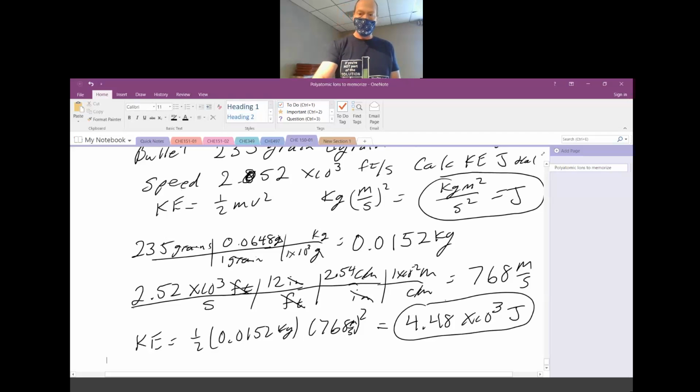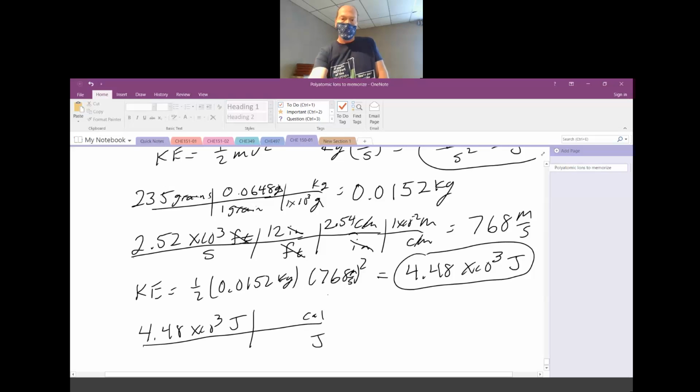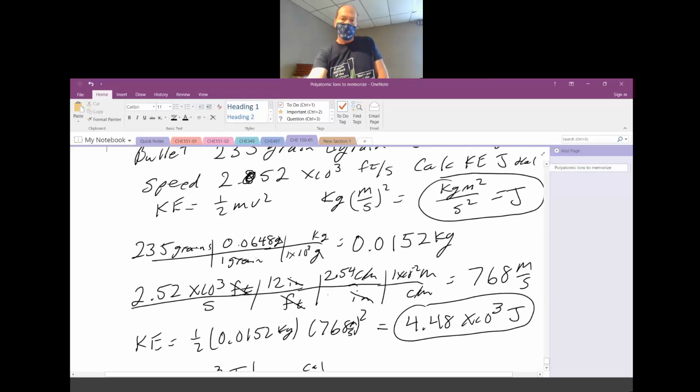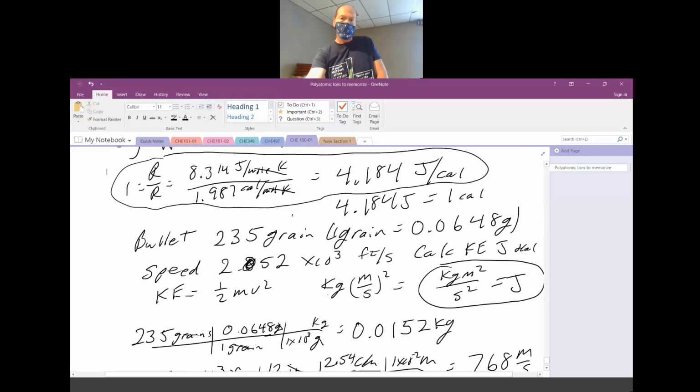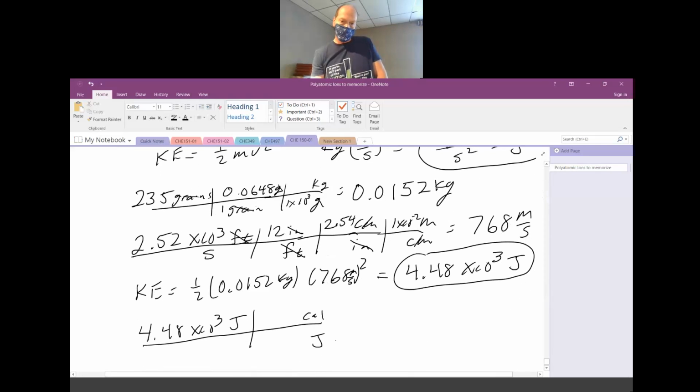All right, so we have now the kinetic energy in joules. Now we convert it to calories, and we have our 4.48 times 10 to the third joules. We go up above where we took the R divided by the R, and we see that the 4.184 goes with the joules, per calorie.